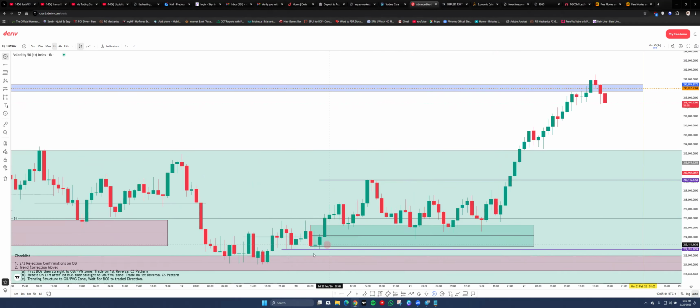Yeah. So we had our 1 hour order block just below this point, right? Just above this trading range, right? So the market went all the way between here and here. Now, when it was coming down, did it trend down?